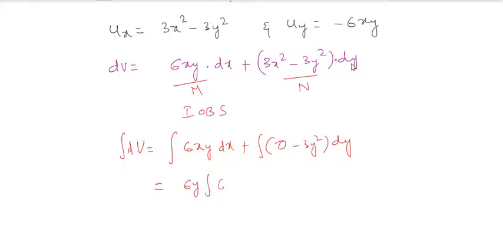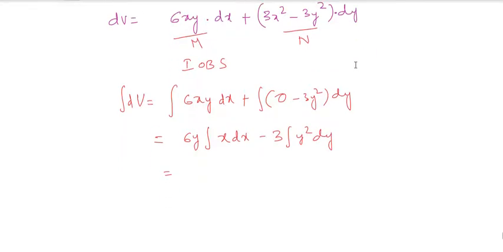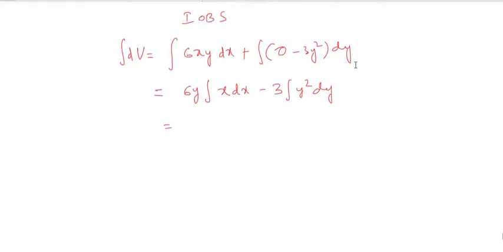So 6y integral x dx, then minus 3 into y square dy. So do the integration for this. So what will we have as the integration?